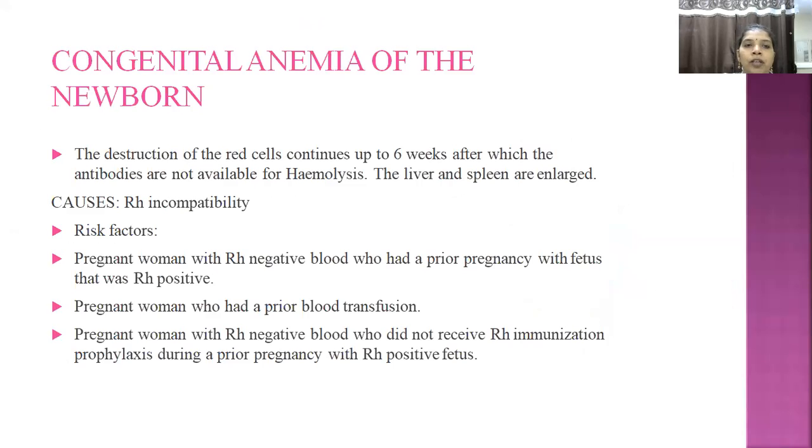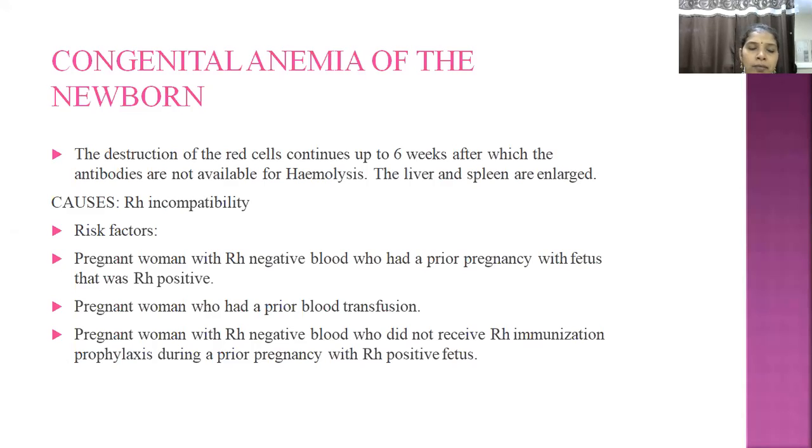These antibodies continuously destroy the RBCs in the baby until 6 weeks. After that, these antibodies are not available for hemolysis. The quantity which entered is present until 6 weeks. The liver and spleen are enlarged.